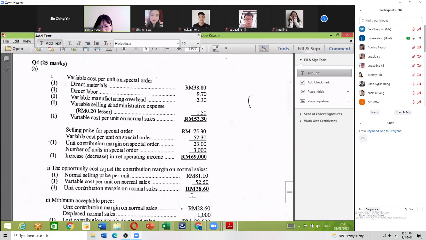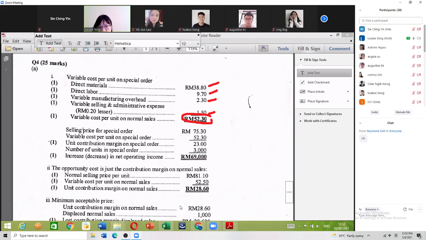Then you go through direct material, direct labor, variable manufacturing overhead, and variable selling and admin. For normal it is 1.70, and for the special order the variable selling and admin is 1.50. So what is your variable cost per unit? $52.30.